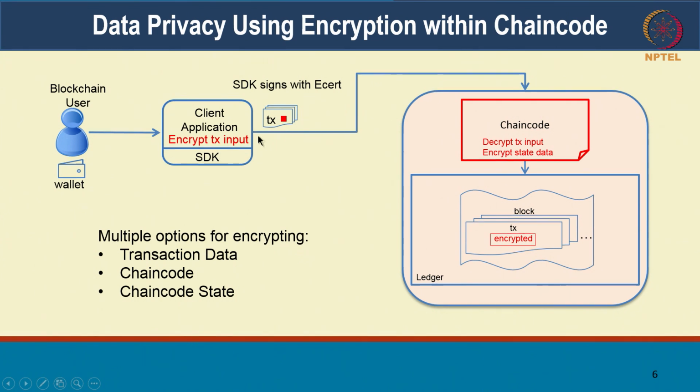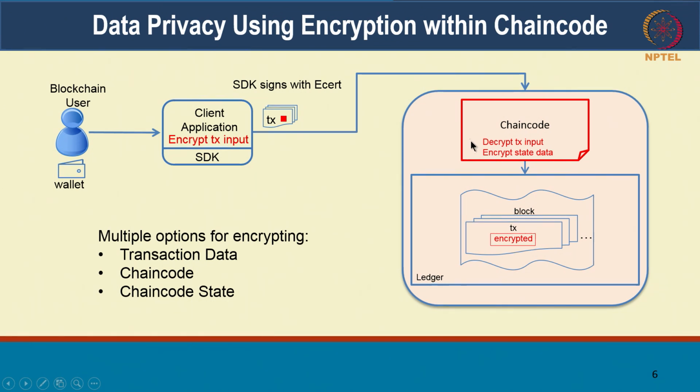And of course, the transaction is going to be signed with the enrollment certificate. The key there is different from the encryption key. So the key you use for signing is not the same as the key you use for encryption. And for different data parameters, you can actually use different keys. And what you're going to do is send the keys to the chain code through the transient field.